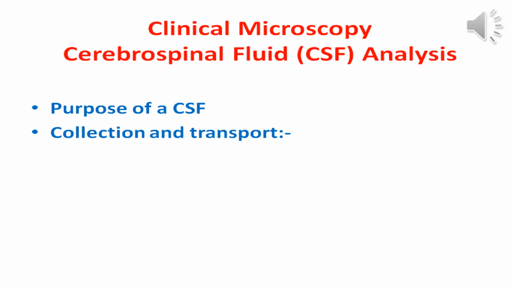Bleeding or hemorrhaging around the brain or spinal cord, we need to take this sample. Also, in case of multiple sclerosis, a disease that affects the myelin coating of the nerve fibers of the brain and the spinal cord, we also need the CSF sample.